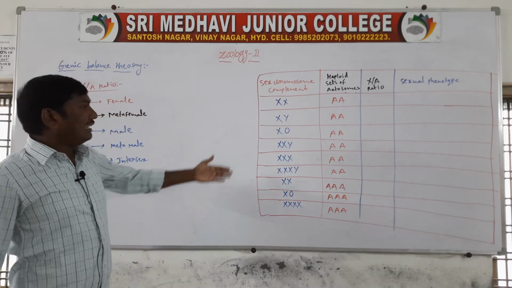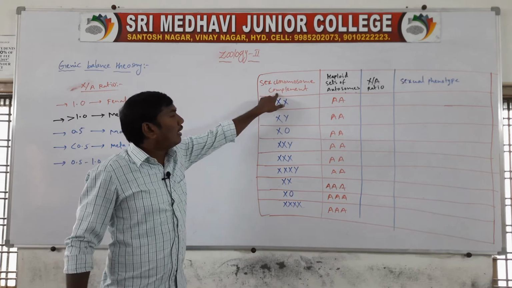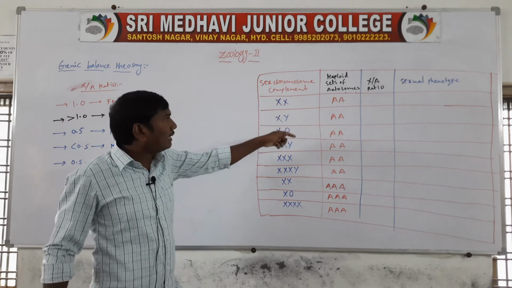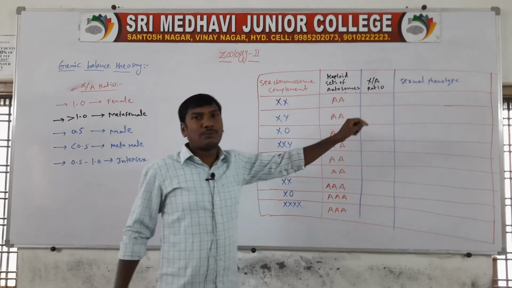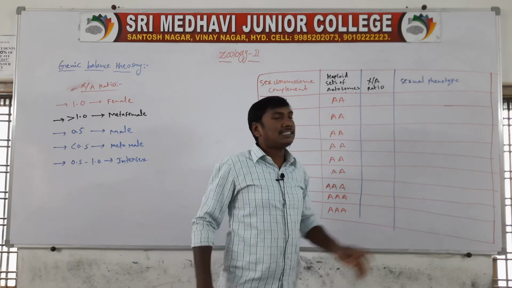Now the different values: sex chromosome complement, haploid sets of autosomes, number of sets of the autosomes, X by A ratio, and sex phenotype.